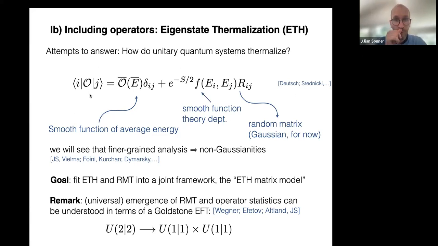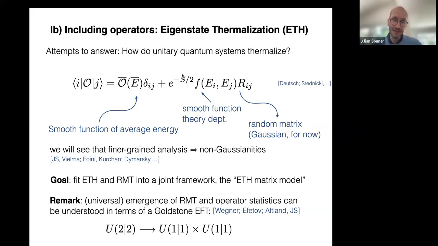One just assumes, or attempts to prove, depending on one's theoretical foundations, that the matrix elements in energy eigenstates, so i and j are energy eigenstates, of non-extensive operators O, take a very specific form. There is some smooth function of the average energy of i and j on the diagonal, but what's more interesting for our discussion today is what's off the diagonal.